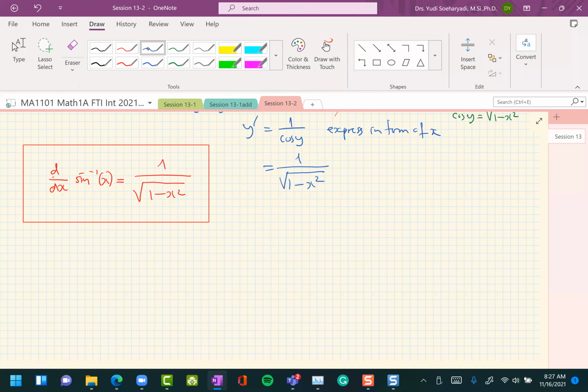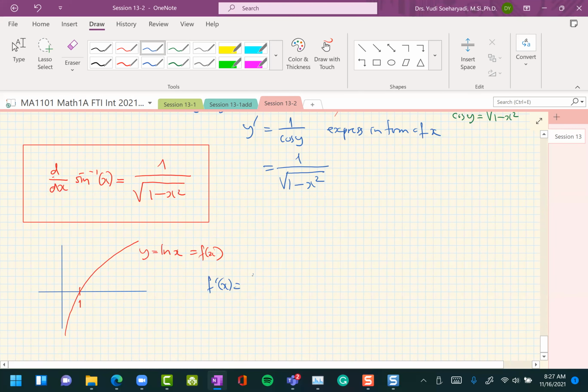So let's go back to natural log functions. So this is monotonically increasing, and f prime here is 1 over x.